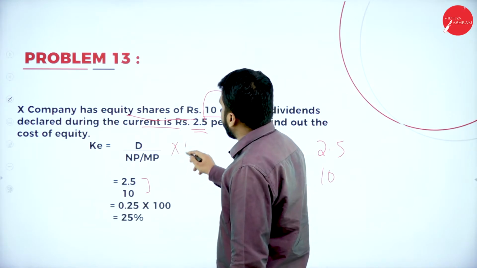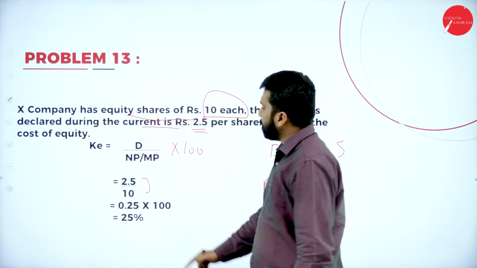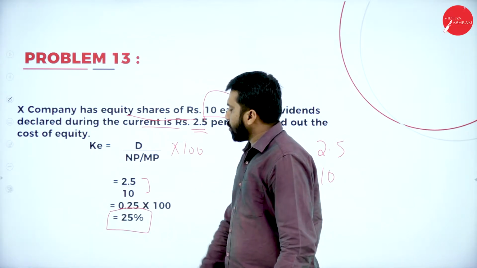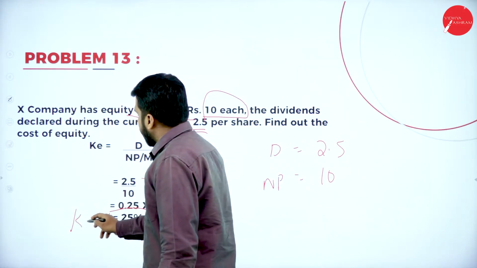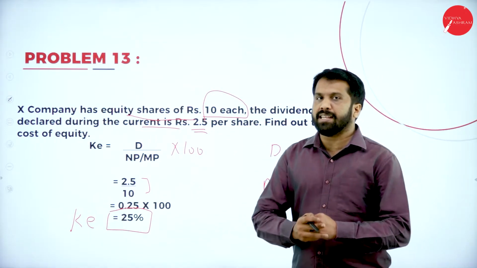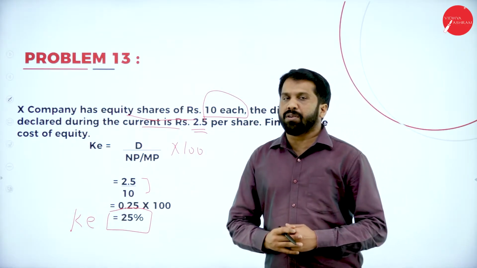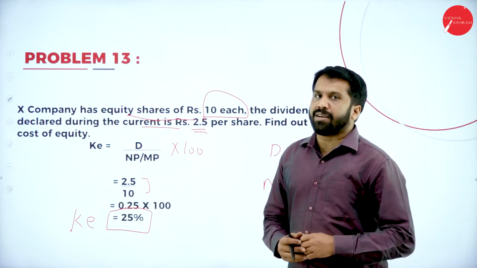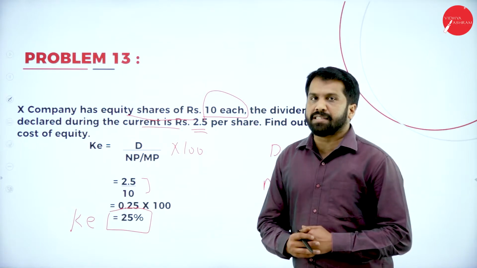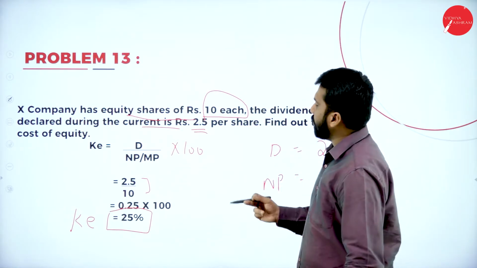Remember, multiply with 100, you will get the answer. 0.25 into 100. Your cost of equity is 25%. Any doubt? Hopefully, no doubt. What is your cost of equity? The cost of equity is 25%. Hope you understood. I'll go for the next one.